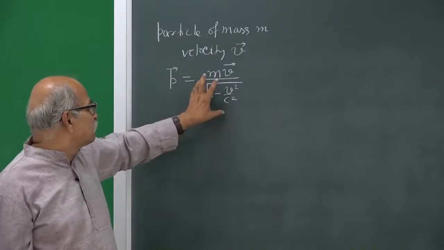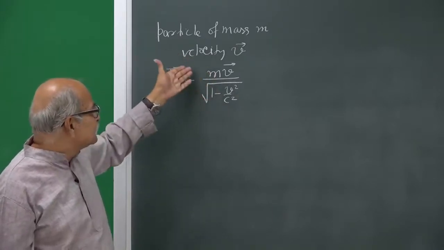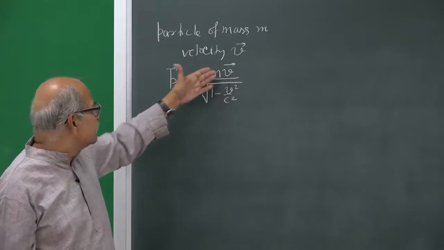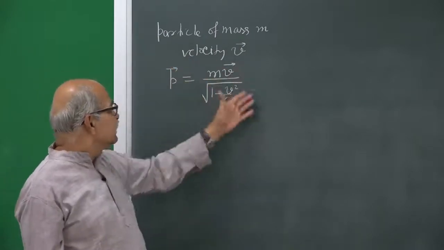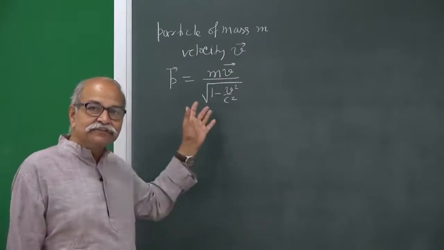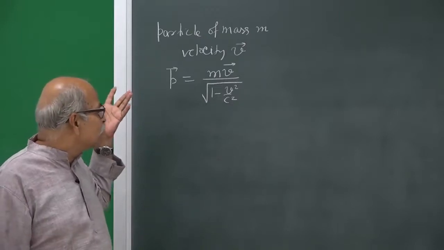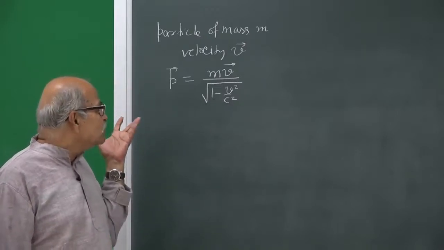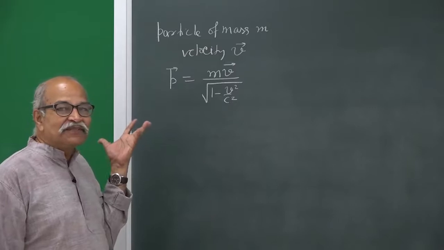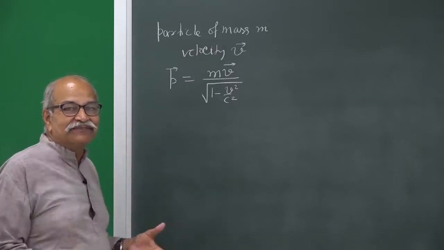Now, this redefinition of linear momentum, with dependence on velocity in this particular fashion, works very well in all conditions, and therefore, we stick to it. But then people are somehow tuned towards that old definition p equal to mv, and they want to preserve that.